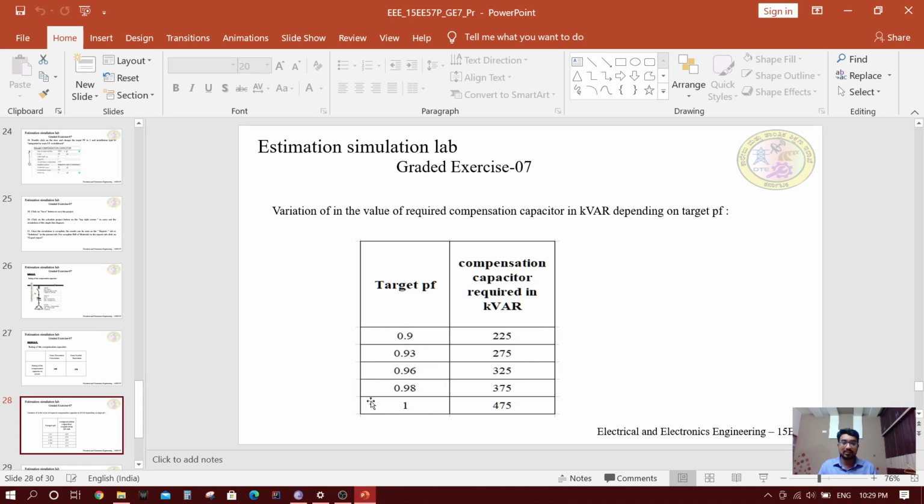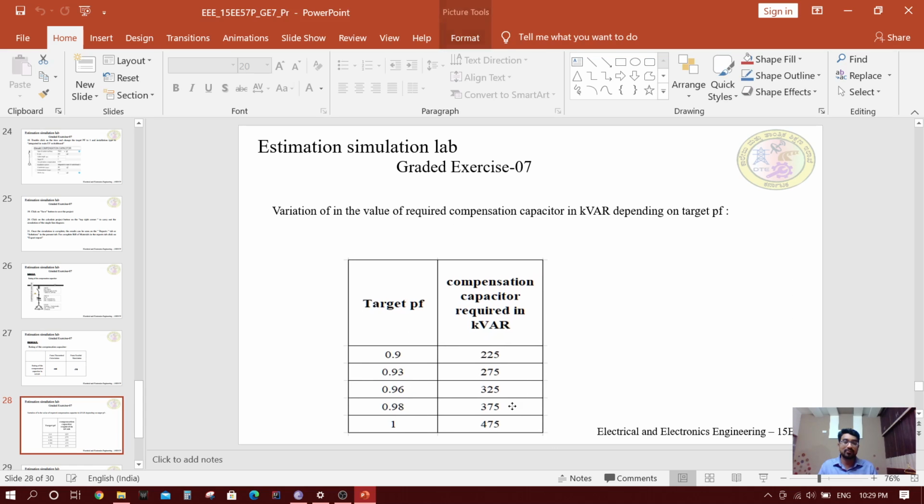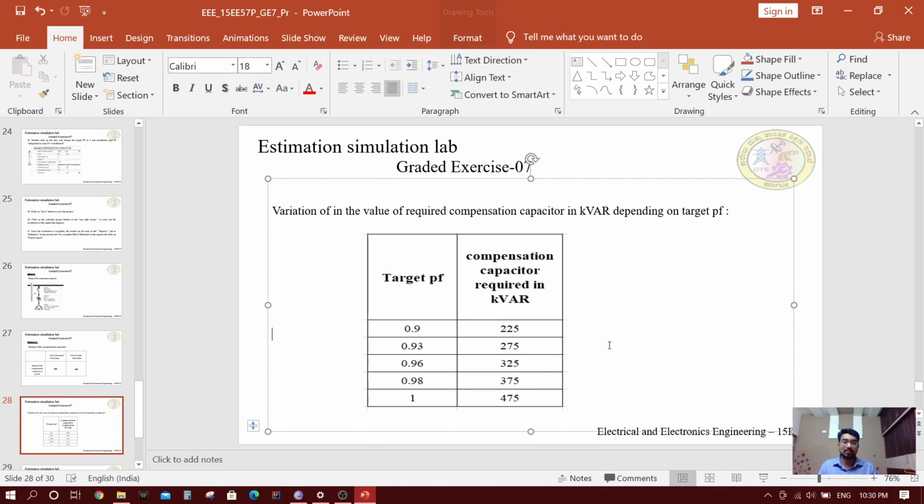Here we have considered 5 different target power factors and these are the values of the compensation capacitor in accordance with the target power factor. For a target power factor of 0.9, the value of the compensation capacitor that was returned by the EcoDial software was 225 kVAr.